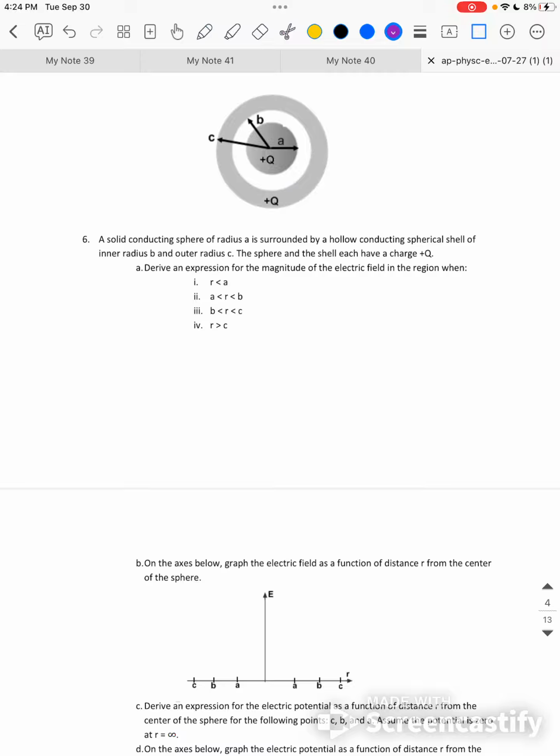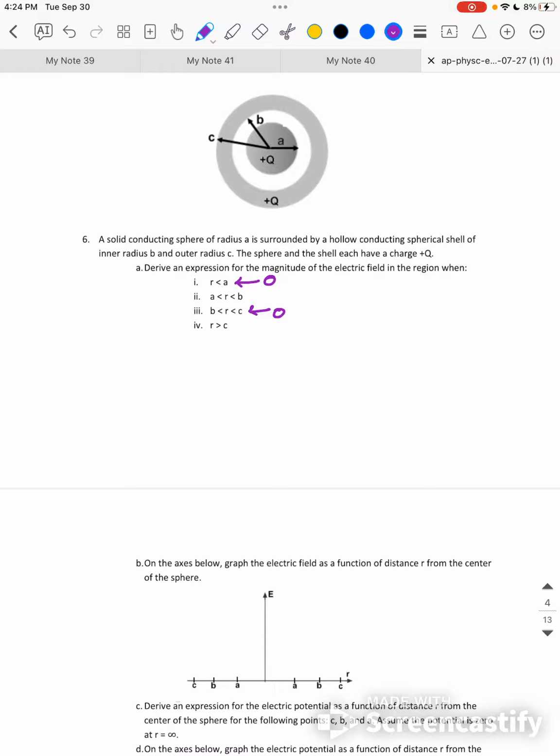But what we did learn is that the electric field in conductors, which is between B and C right here, and when R is less than A, we always have an electric field of 0. So you don't have to do any work there.